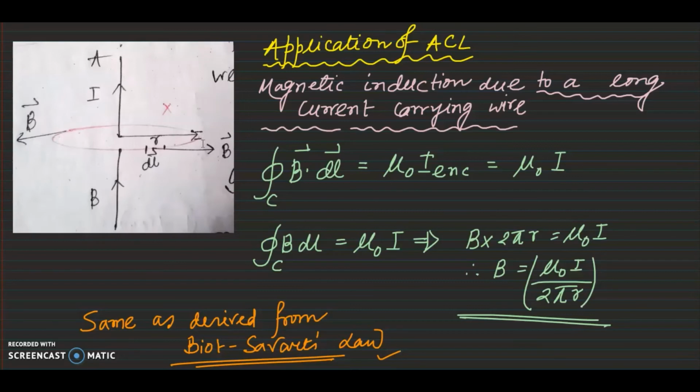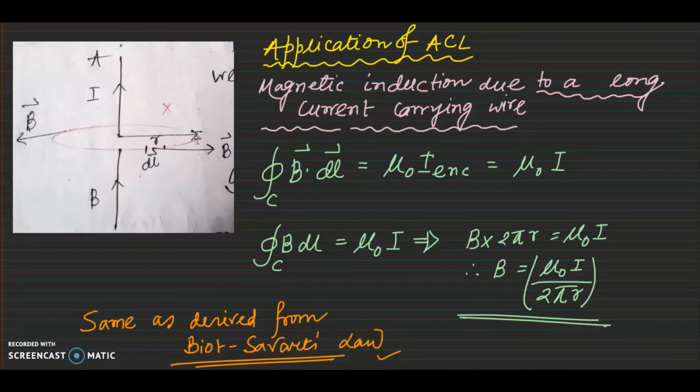It is assumed that the radius of the wire is negligible with respect to r, the distance at which we calculate the magnetic field.